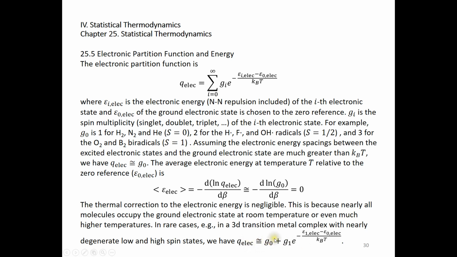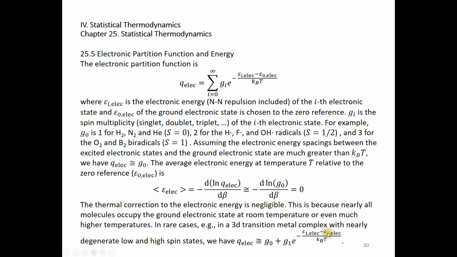The first one is the ground electronic state, g_0, the spin multiplicity of the ground electronic state, plus g_1 times this exponential function. g_1 is the spin multiplicity of the first excited state, and the exponential function is e to the power of negative (epsilon_1 minus epsilon_0) over kBT.